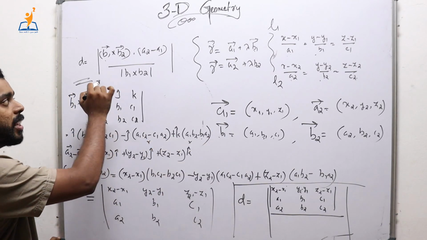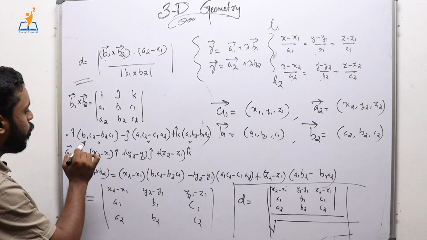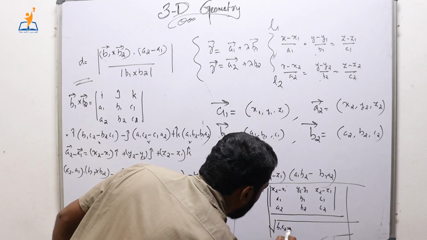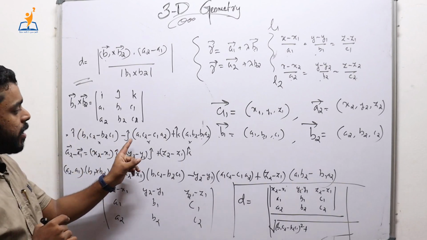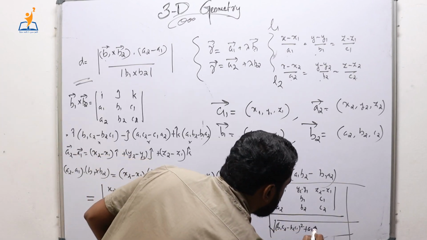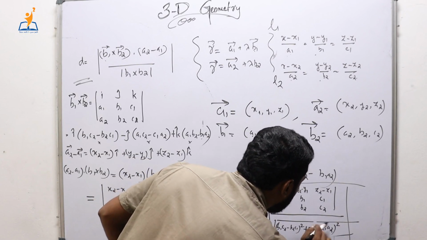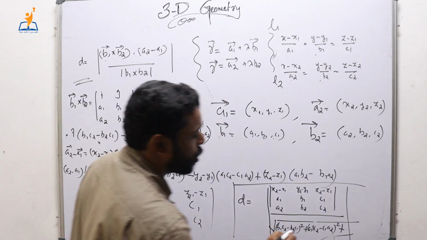So we have to find the modulus value, which is the square root of (b1 c2 minus b2 c1) the whole square, plus the next component (a1 c2 minus c1 a2) the whole square, plus the final component (a1 b2 minus b1 a2) the whole square.